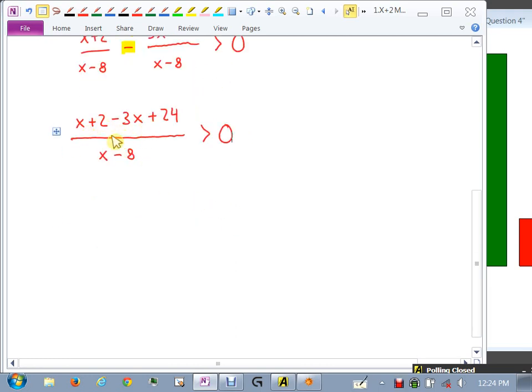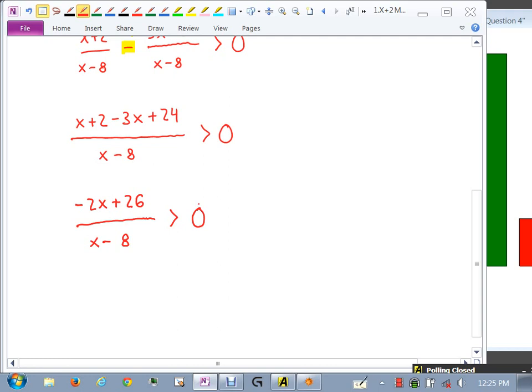Now get your collected like terms up top. You get negative 2x plus 26 all over x minus 8 greater than 0.